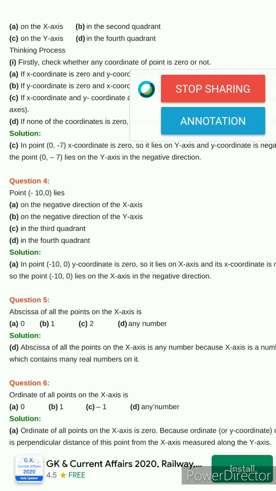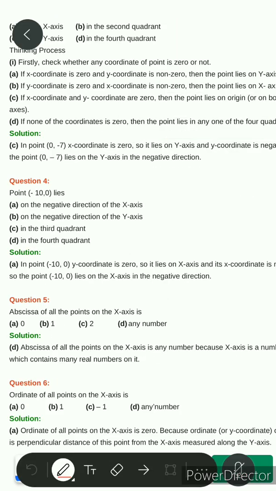So the correct option is option C, on the y-axis. Question number 4. Points minus 10, 0 lie on. The correct answer is option number A, on the negative direction of the x-axis.